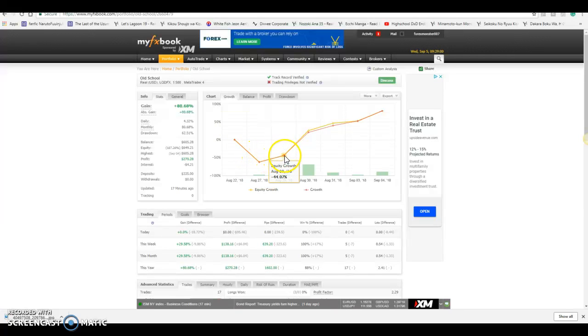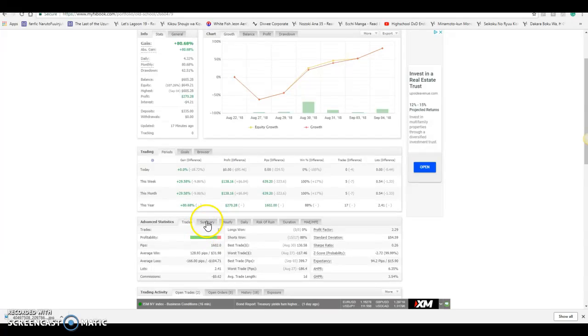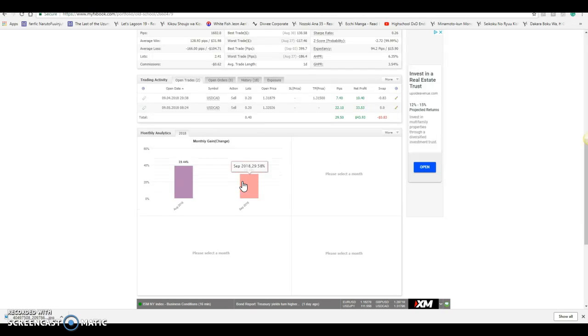And then there you go, he was down 62% on his account, then he came up 20%, 39%, 50%, 80%. So even though he came down in the month of August, he came right back up out of August for growth. That's why he ended up having 39% growth on his account, even though he took a 62% loss. He still ended up with growth.